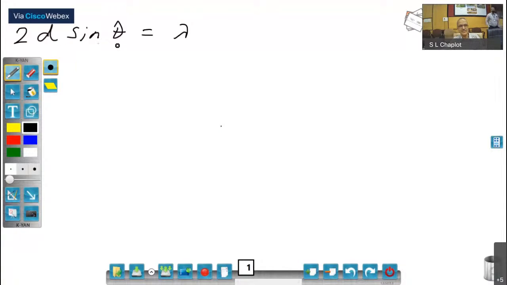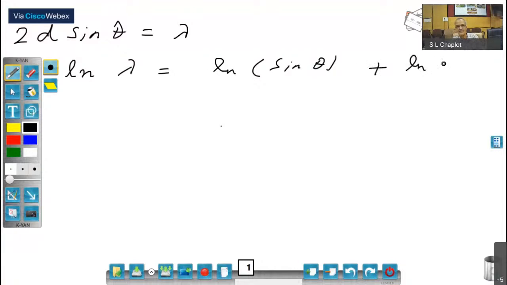So, we have these Bragg relations. So now let me just differentiate it. ln of lambda will be equal to ln of sine theta plus ln of 2d.